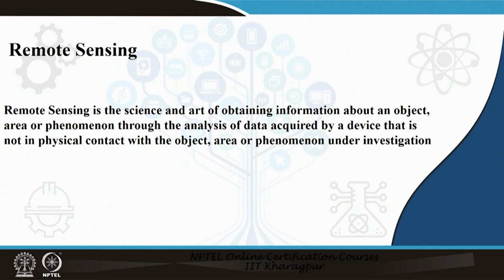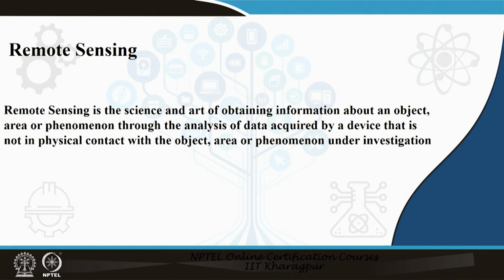So if you want to define remote sensing, let me be very specific. It is the science and art of obtaining information about an object. It can be an object, it may be a building, any rock type, a soil type, a water type, an area, an entire city, an entire colony, or a phenomenon.